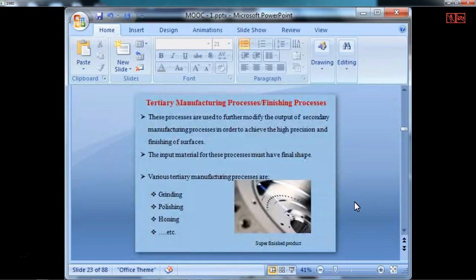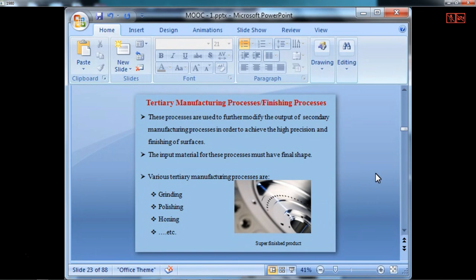Then the tertiary manufacturing processes, which are called the finishing processes. When you want to achieve a very high surface finish, and also when you want the dimensions to be controlled very accurately within the required size and tolerances, we need to go for the tertiary operations.